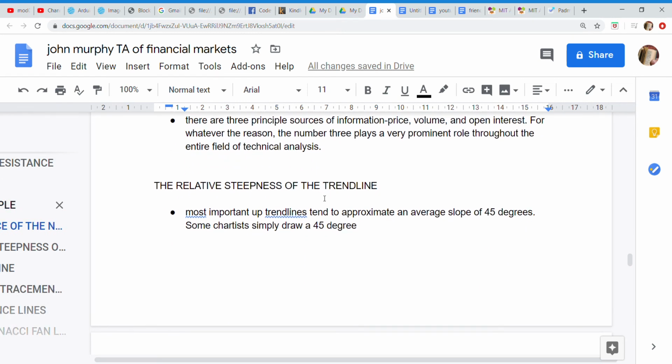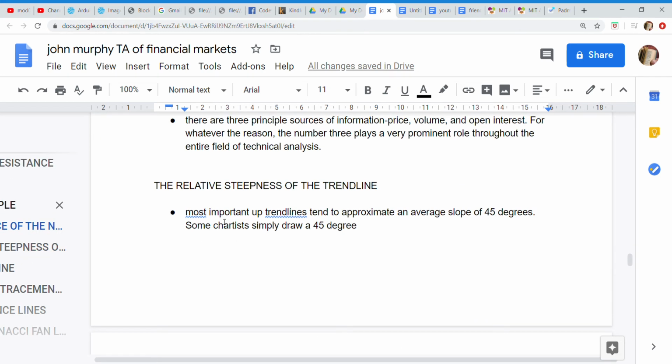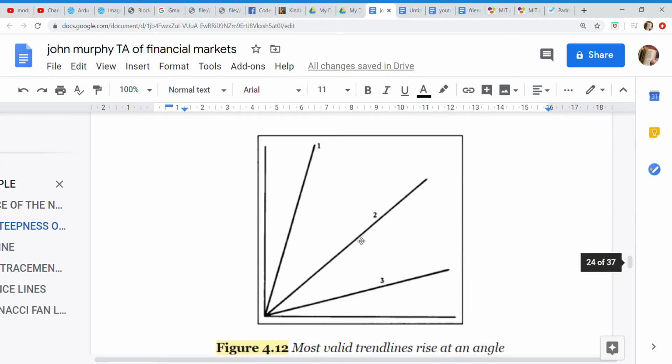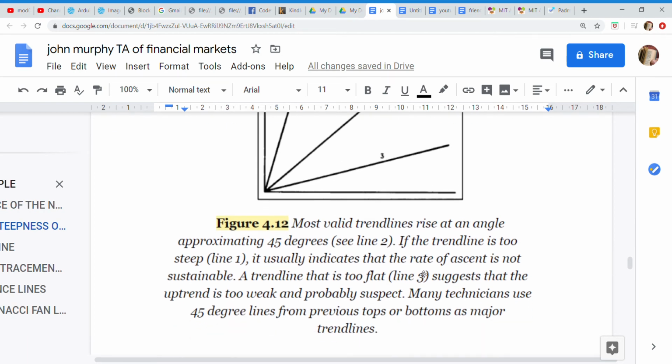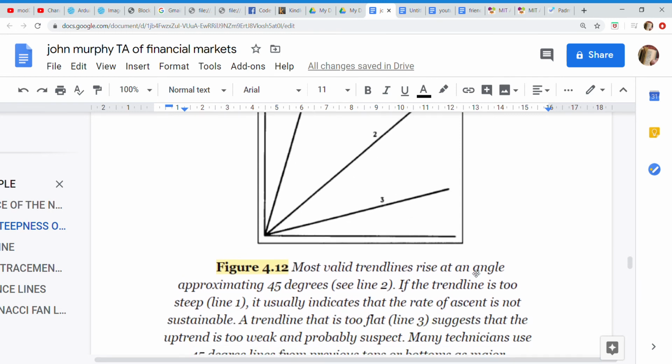The relative steepness of a trend line. Most important uptrend lines tend to approximate an average slope of 45 degrees. Some chartists simply draw a 45-degree line. Most valid trend lines rise at an angle approximating 45 degrees, like at angle 2.